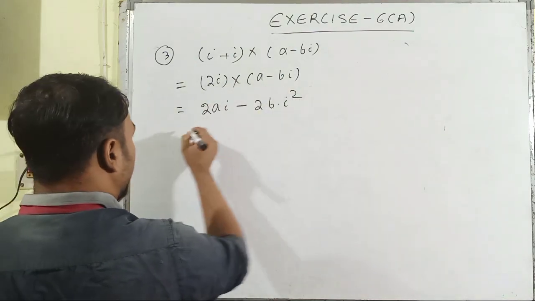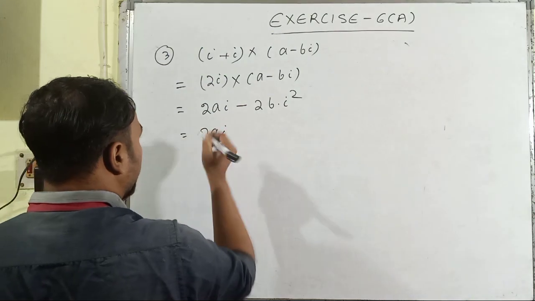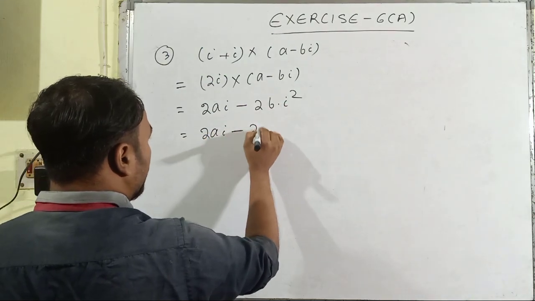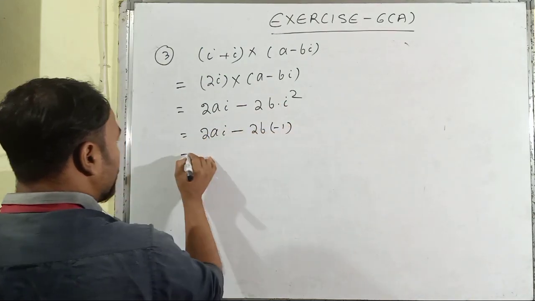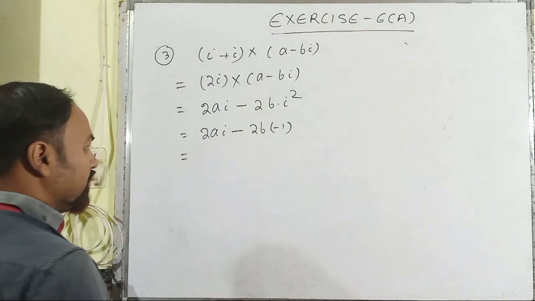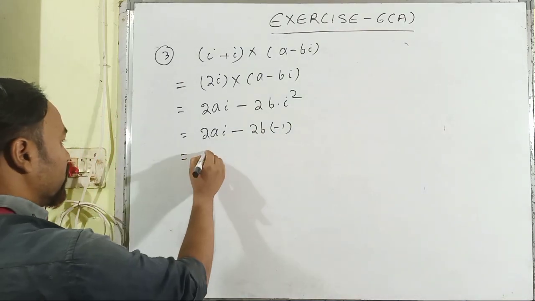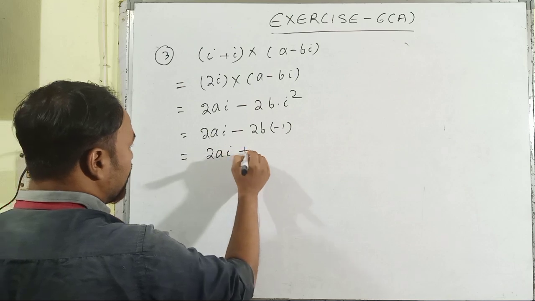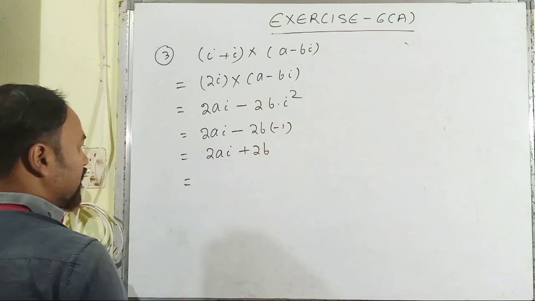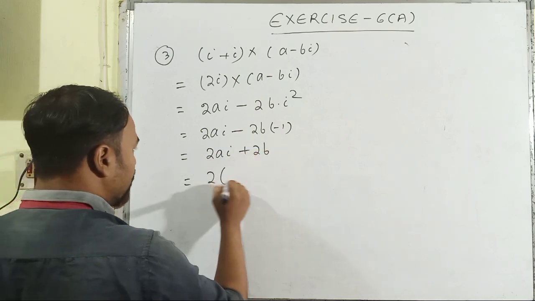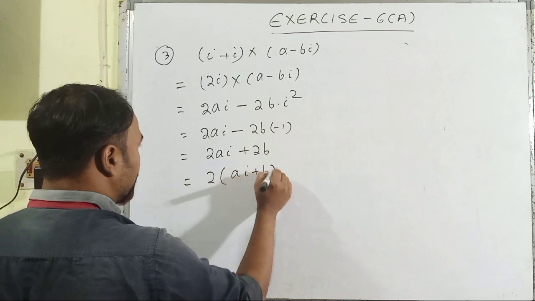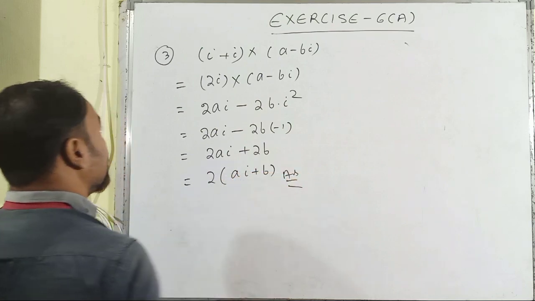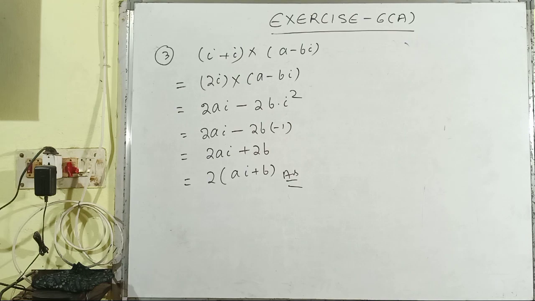The value of i square is minus 1. After multiplying this minus and minus, it becomes plus. So it will be 2ai plus 2b. You can take common 2 from these two terms. It is ai plus b.